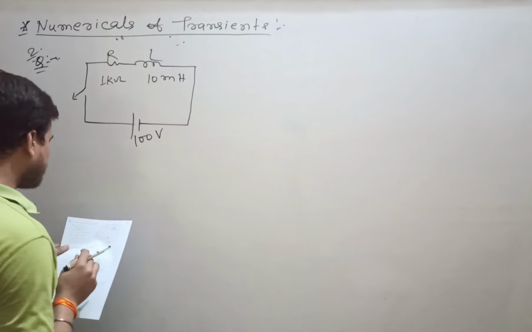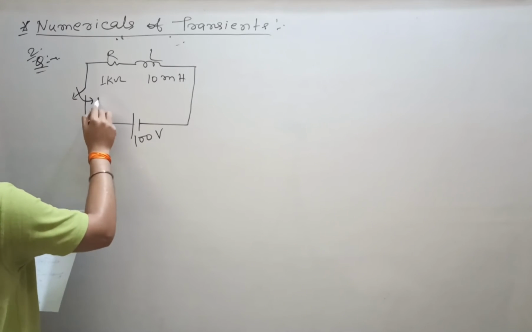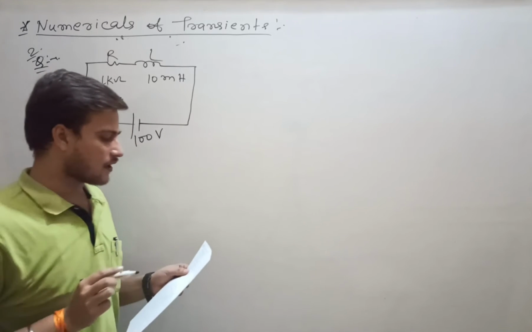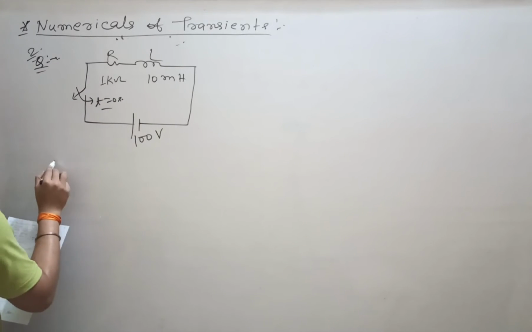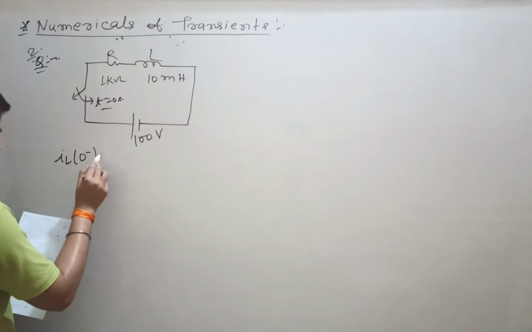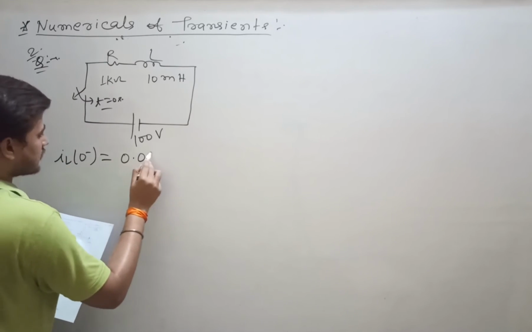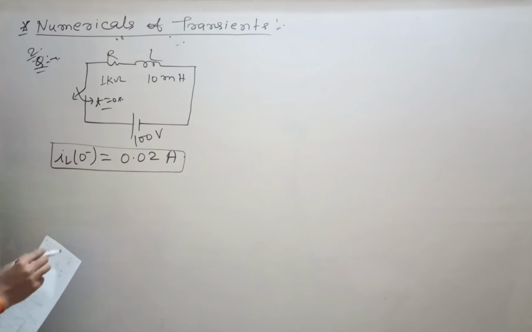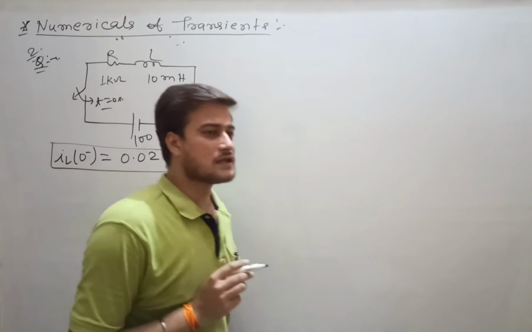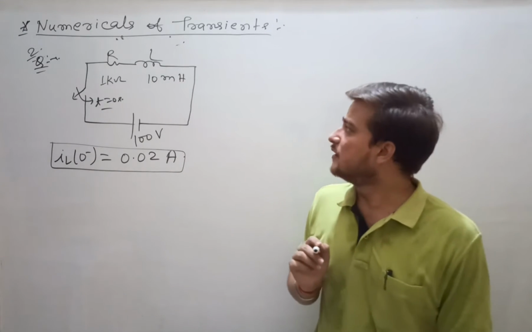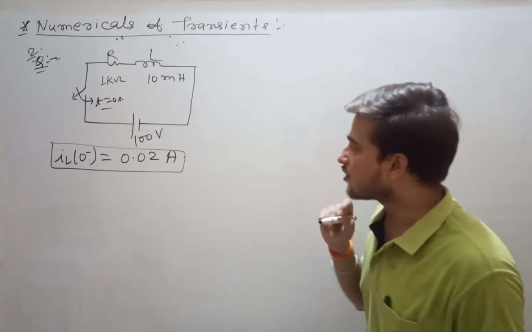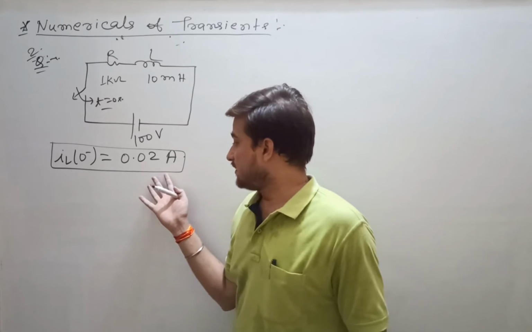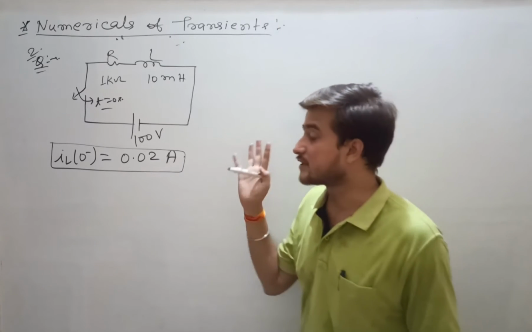Now it is given that this switch is closed at t equal to 0 second, but here it is given that initially the current flowing through the inductor, IL 0 minus, is given to you, and it is equal to 0.02 ampere. That means initially before closing the switch, inductor was carrying some energy and it was carrying some current of 0.02 ampere. Clear?